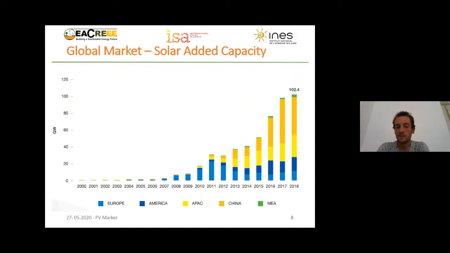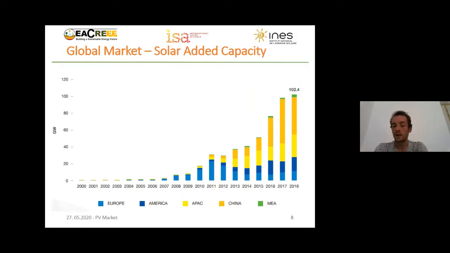You can see that in the very first years of the solar market, from year 2000 to maybe 2010, the main continents which were part of the solar market were mostly Europe and America. But since 10 years ago, other markets have started booming, especially the market in Asia and East Pacific countries, and of course, especially in China, where the growth is dramatic.